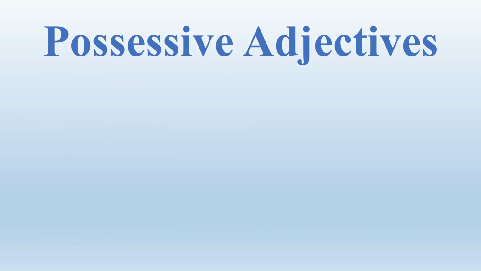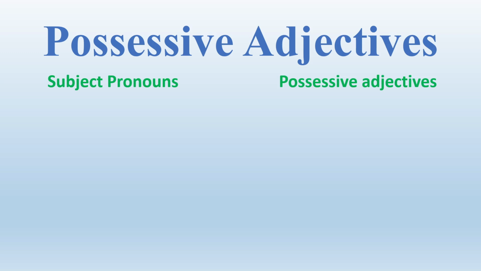In this part, we have subject pronouns and possessive adjectives to better understand the meaning of possessive adjectives. I, the possessive adjective for I is my. You, your. We, our.